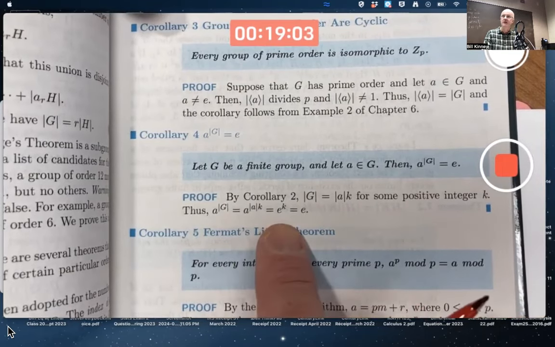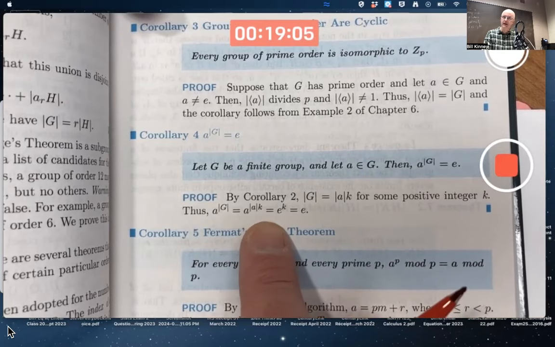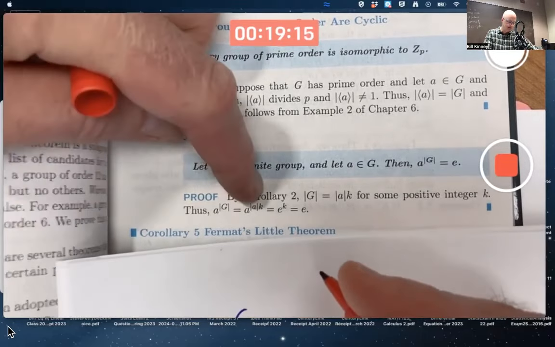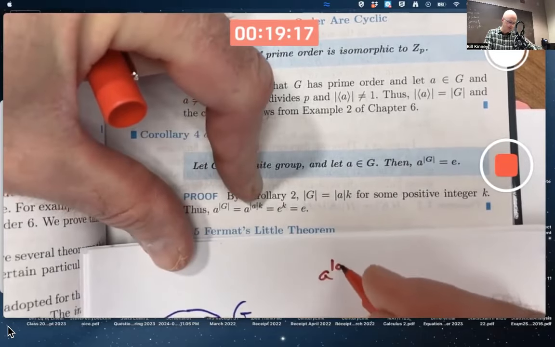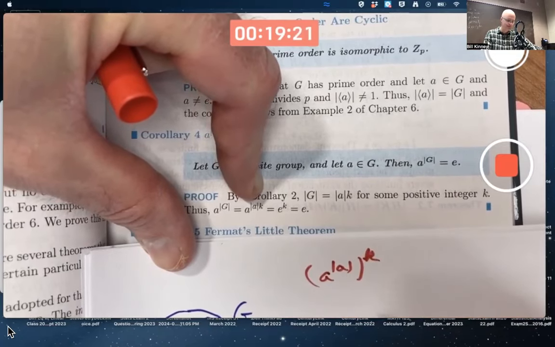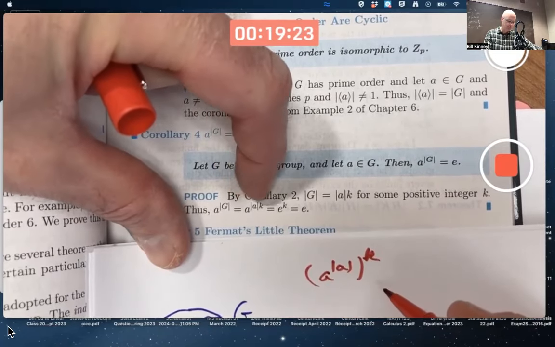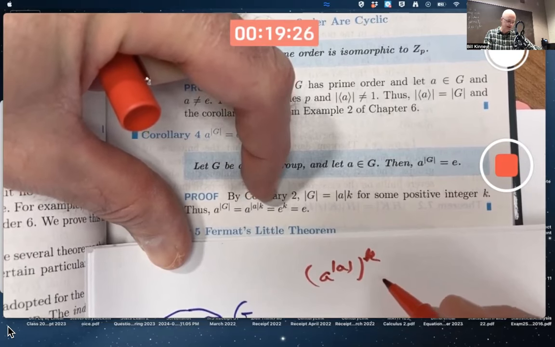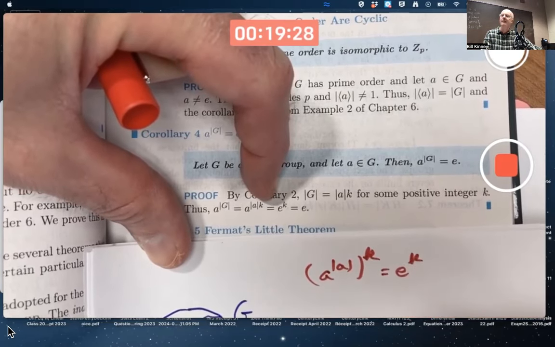And now do this calculation using effectively a property of exponents. They skipped a step. You could also write that this equals that. That would be a property of exponents that you could put in between these two equal signs. This would then be e to the k.